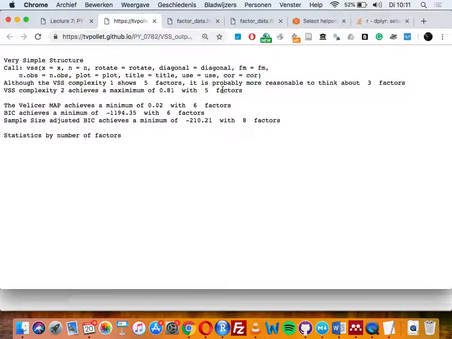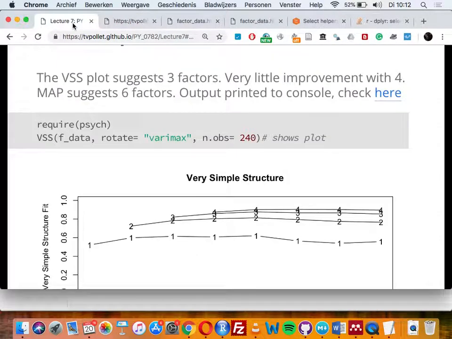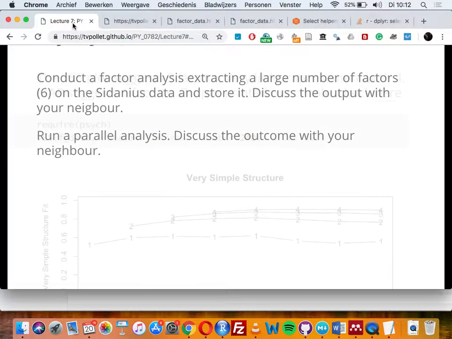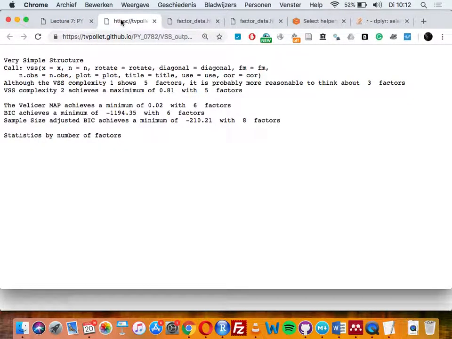But it says it's more reasonable to think of 3 factors. If I go back to this line thing, you don't gain that much more from adding 4 to it. So this criterion would say stop roughly at 3. Although you could add, even though it's not clearly showing things, the output says you can still gain a little bit by going to 5.